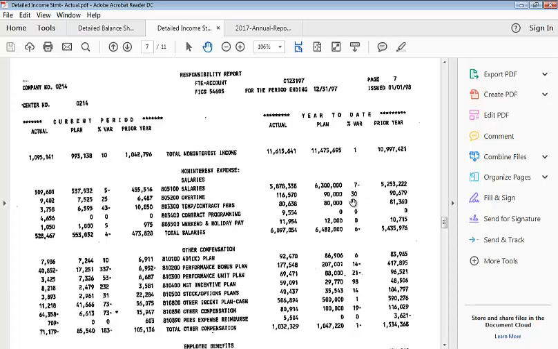So the 30% over budget on overtime might jump out at me a little bit, but if I look at it in association with the salaries, I think I'm okay. Because actually, if you look at the total salaries, they're under budget by 6% for the year.